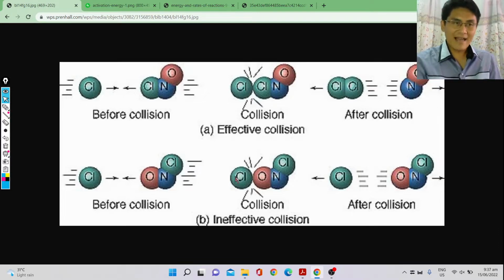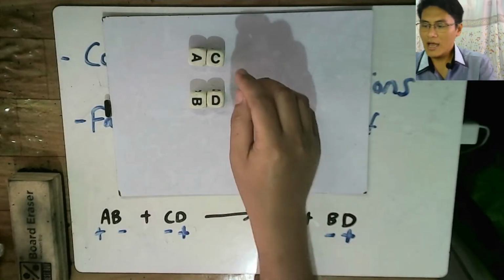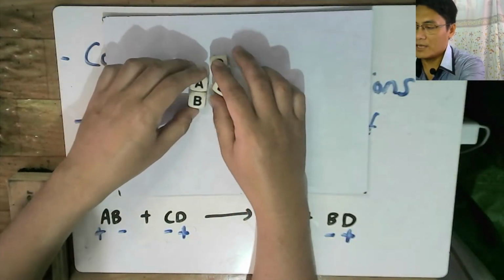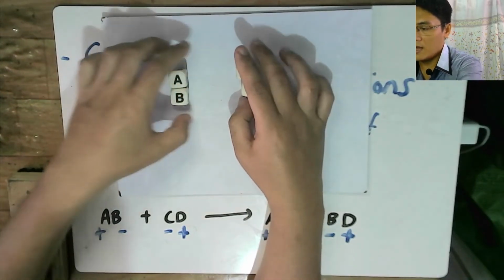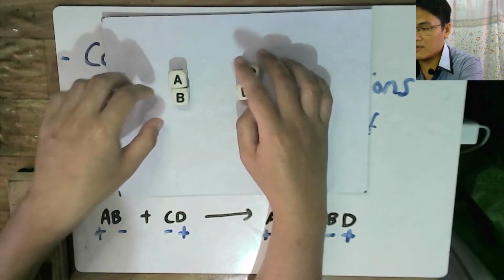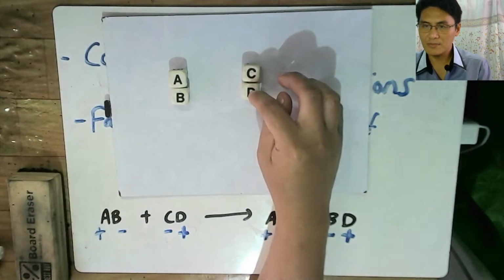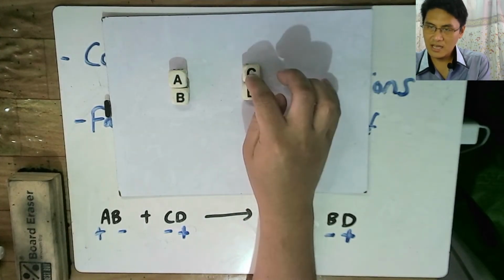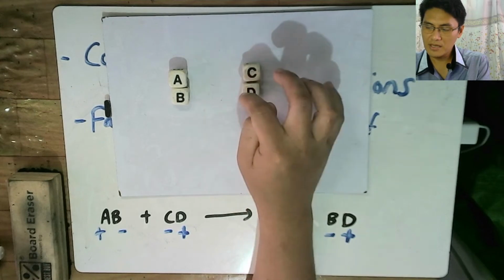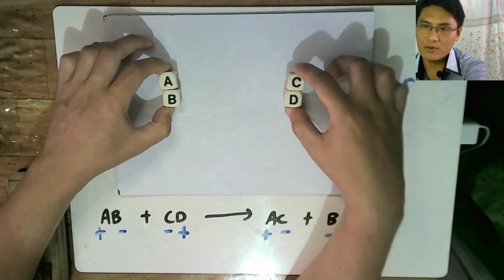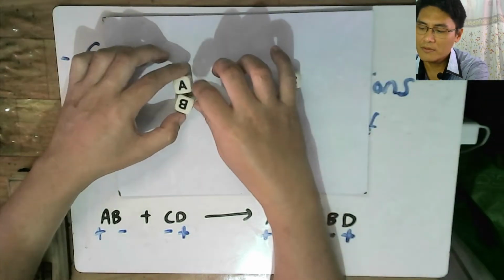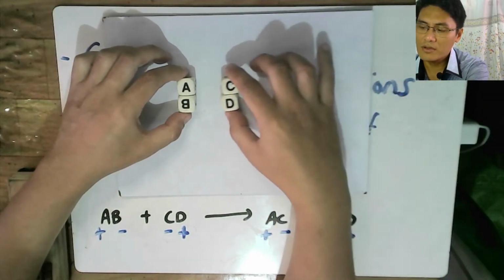The second factor is energy, because even if they collide in the correct way, and correct way meaning the correct configuration, A is positive, B is negative, C is negative, D is positive. So A and C have affinity to stick to each other, B and D have the affinity to stick to each other. But let's say the collision is weak, right? If the collision is weak, so 1, 2, 3, bang.